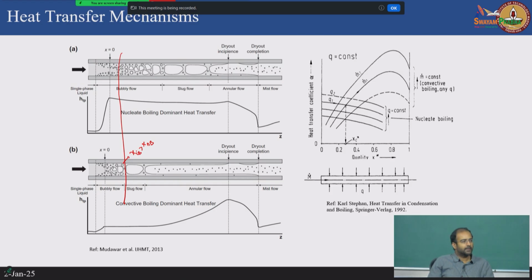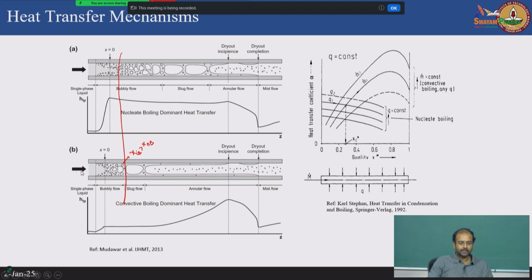So, it is not like simply, if you compare the vapor quality 1:1, of course the vapor quality seems higher in the convective boiling dominant, but because of the convection it is continuously feeding in a pool of liquid. So, that liquid film surrounding the slugs is continuously replenished. So, it does not dry out or reach the critical heat flux as quickly as we think.